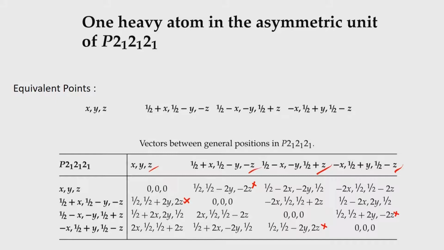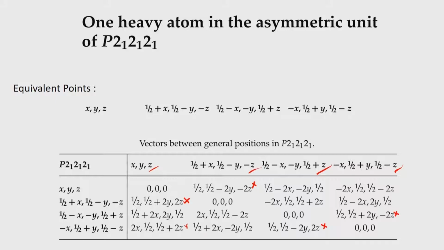Okay. So, you see that each one of them is now in separate columns. Each separate column is under each separate equivalent point. So, you get the Harker sections corresponding to x equals half in these 4 marked as x. Now, what about y? Y will come, for example, here.